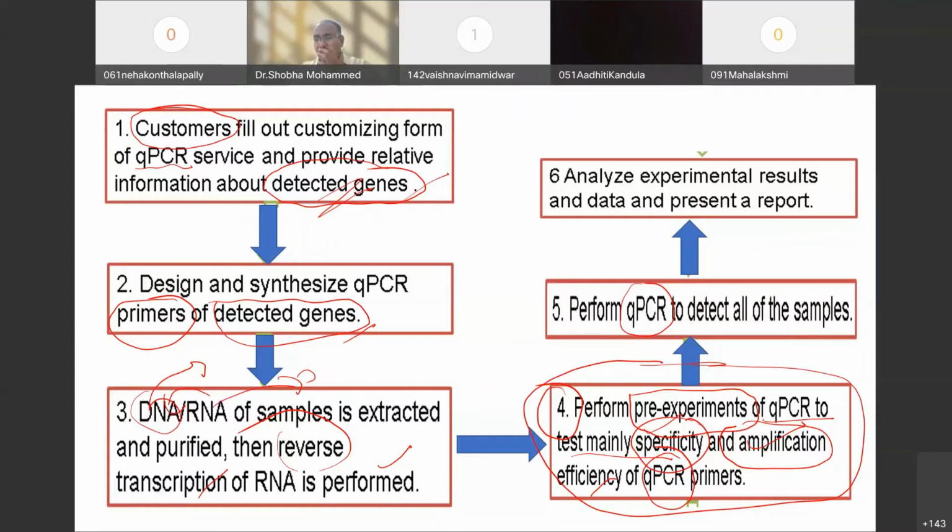Then I perform the qPCR to analyze, and only then I give the result, when I am confident that yes, my machine is correct and I don't have any bias. What happens if I skip the pre-experiment and the person doubts the report? He was fine, but this report detected him as having a disease, so he goes to another lab and gets it tested. If they follow the quality control measures and I did not, I'll be at fault. They could put me behind bars for making a nuisance to the patient.